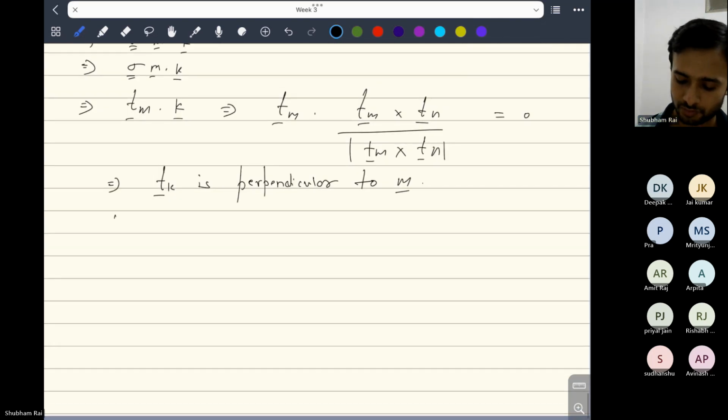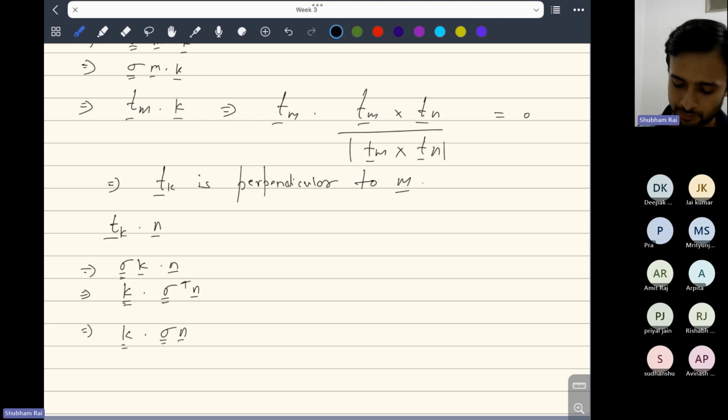Let's say you do Tk dot n. Tk can be written as sigma times k, dot n. So sigma can go there, so that will be k dot sigma transpose n. Sigma transpose is sigma again, because it is symmetric, so k dot sigma times n, which is nothing but Tn.